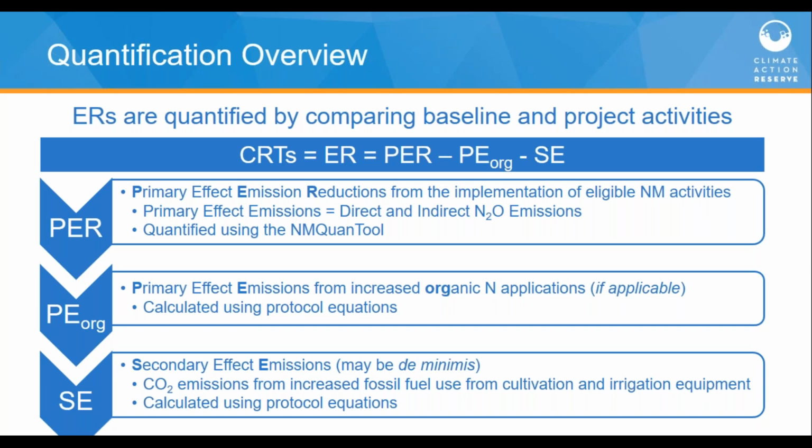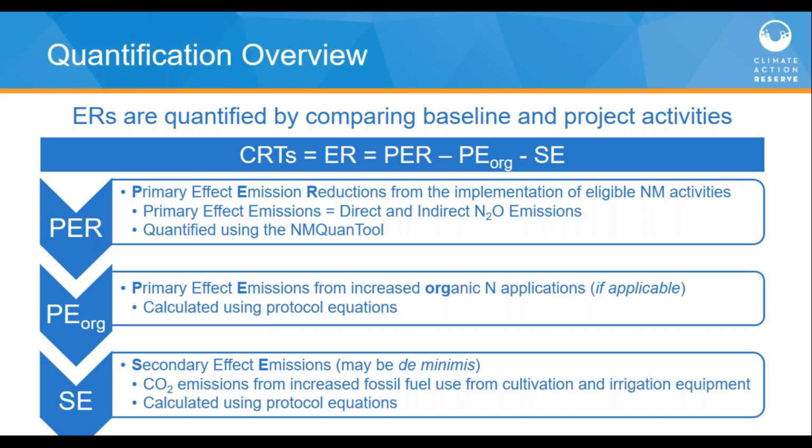And then for the secondary effect emissions, which are the unintended or untargeted greenhouse gas emissions from these project types, which would be any carbon dioxide emissions associated with increases in fossil fuel use that could possibly stem from the project activities. For example, if there are any increases in irrigation frequency, or possibly if there are split applications of nitrogen, so a greater number of nitrogen applications than have been historically used, there might be some increases in the cultivation equipment use, which could result in an increase in fossil fuel use.